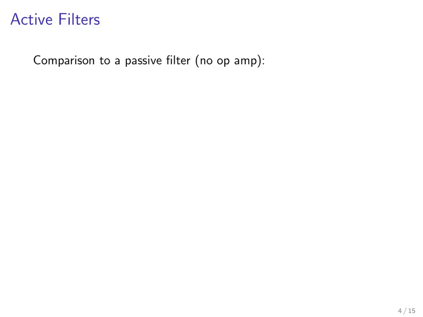Okay, so to drive home the comparison to a passive filter, let's do a direct comparison of the two topologies. So a passive filter would look something like this, right? We would have some input voltage. This is a passive low-pass filter. We extract V out.